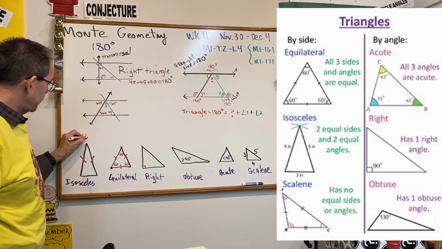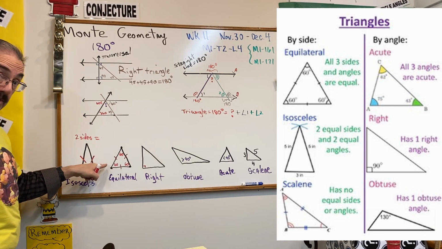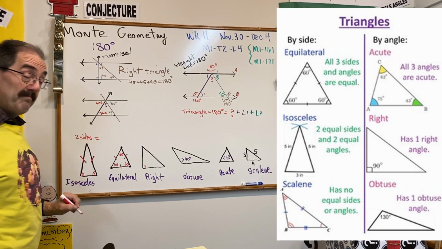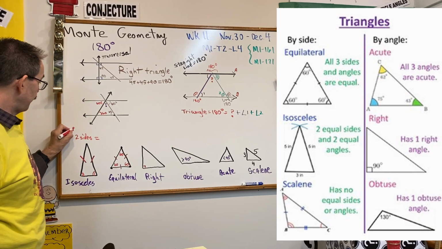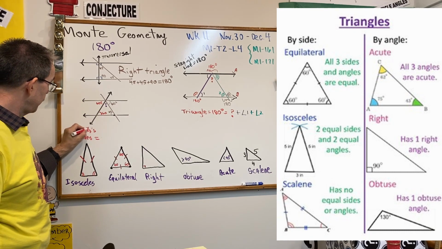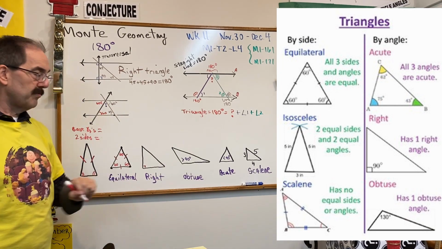And if the sides are equal, base angles are equal. All right, so isosceles, equilateral, the right.